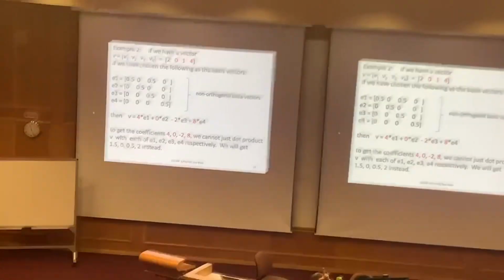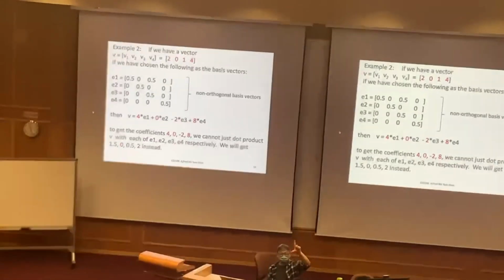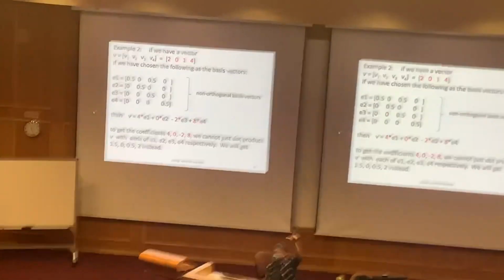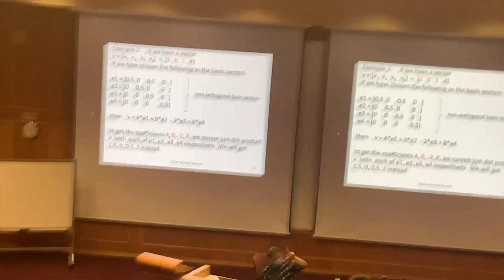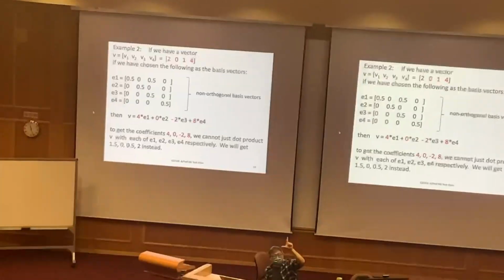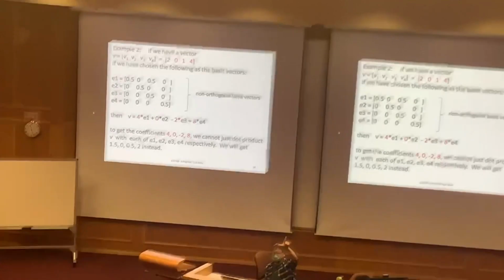Oh my goodness. When the two vectors are orthogonal to each other, when you dot product, you get non-zero. Is it correct? It's wrong. When they are orthogonal to each other, the dot product must be zero, understand?